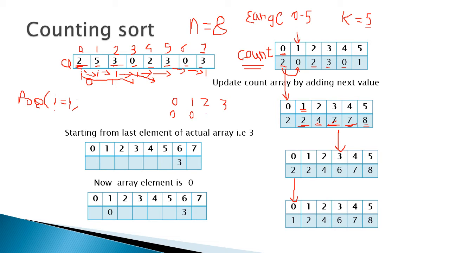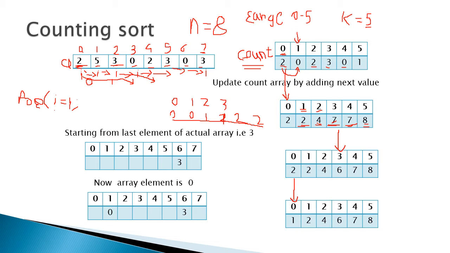After that 1 is on the next 2 positions, that is 1 1 and 1. Then the 2 is from 2 to 4, that is 2 2 times, that's why here 2 and 2. Like this we get our array elements in sorted order.